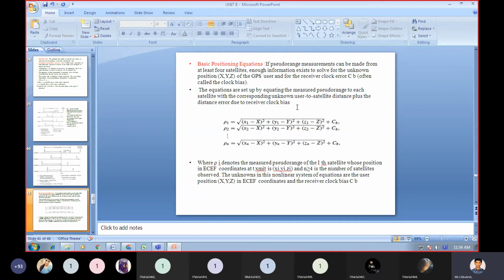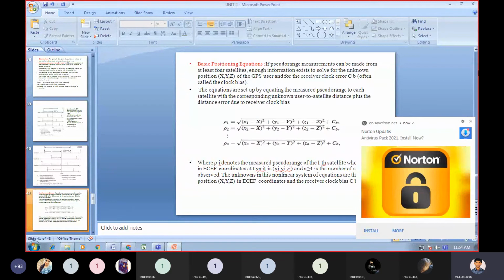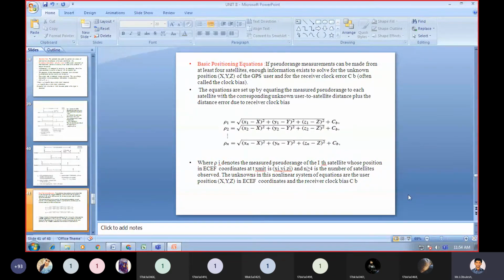In the equation we take i from 1 to n, where rho i denotes the measured pseudo range of the ith satellite whose position is in ECEF coordinates at transmit time, and n, greater than or equal to 4, is the number of satellites observed.